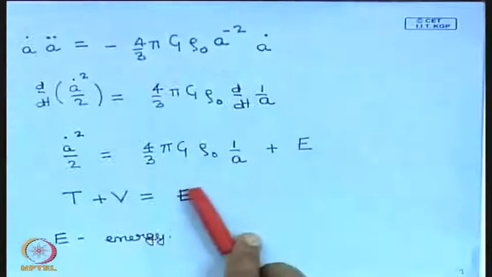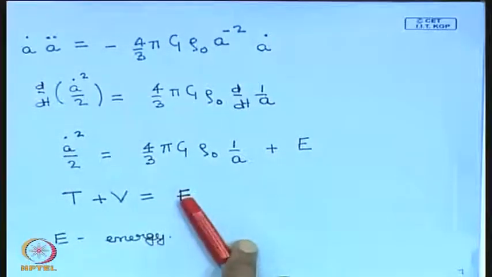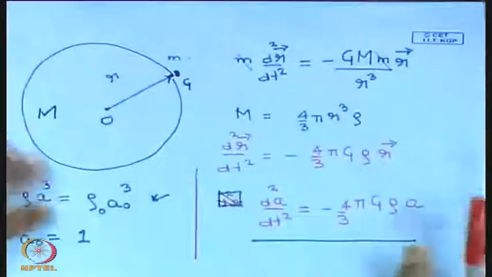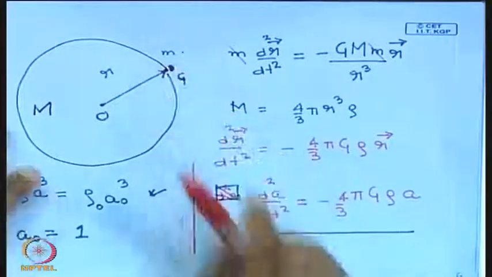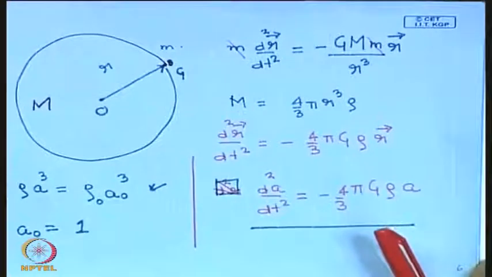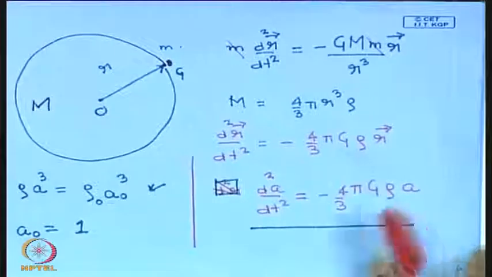If the total energy is exactly equal to 0, that is the situation where this particle has the escape velocity, and we have just imparted the escape velocity to this particle.